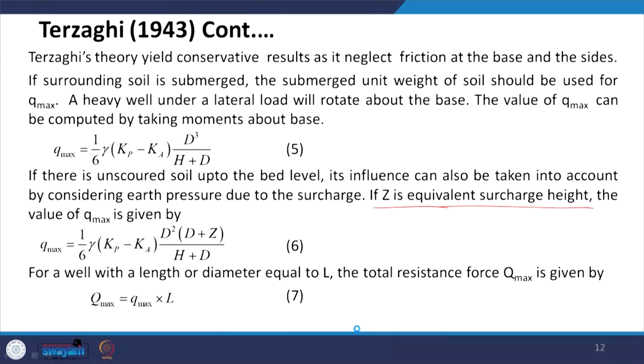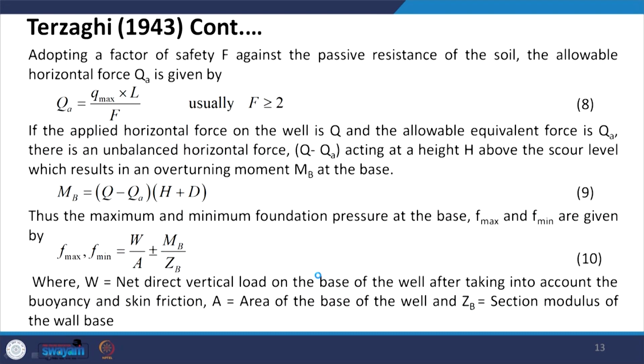Let us assume that the value of Qmax is known. For a wall with length or diameter L, the maximum force is Qmax into L, given by equation 7, where L is the length or diameter of the wall.